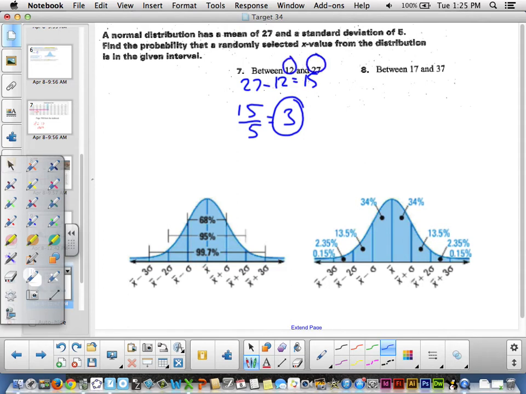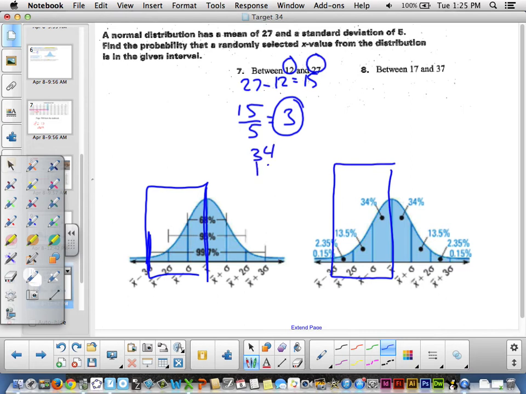So between 3 below and the average is this much of the graph. All right, so that's 34 plus 13.5 plus 2.35. That works out to be 49.85%. 49.85% of the values will be between 12 and 27.